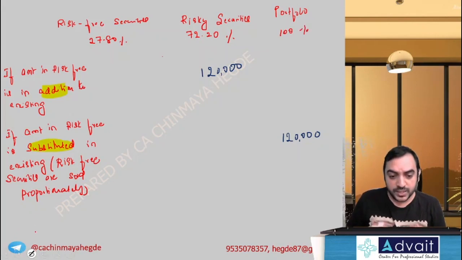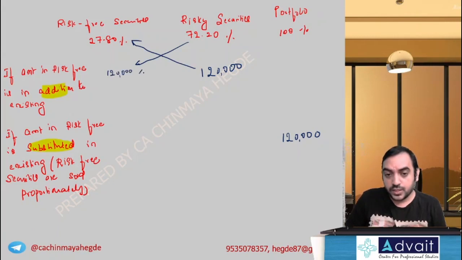Cross multiplication: 1,20,000 for 72.2. How much for 27.8? 1,20,000 into 27.8 divided by 72.2. We get 46,205.